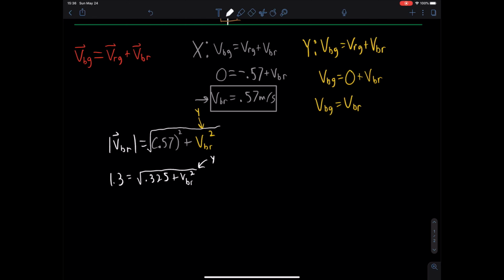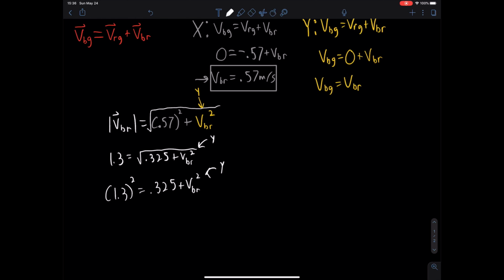Okay, and so now we're going to square both sides. So 1.3 squared equals 0.325 plus the velocity of the boat relative to the water squared. And we're going to solve, it's in the y direction, we're going to solve for that piece.